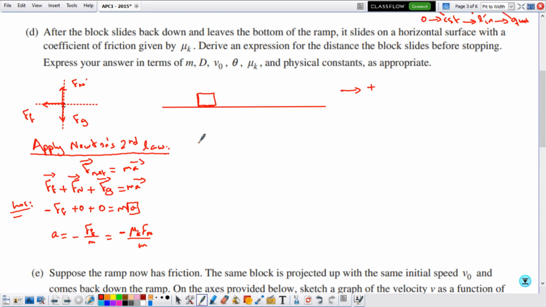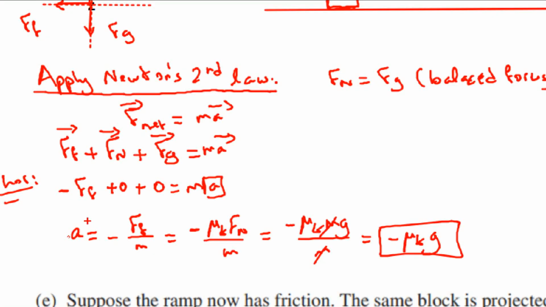We can say that the normal push is equal to the pull of gravity because they are balanced forces. So that would be minus mu k. The pull of gravity is given by mg, so the normal push is equal to mg, divided by m, so this cancels with that. Then the acceleration is given by minus mu k g. Because mu k is constant and g is constant, the acceleration in this case is constant.